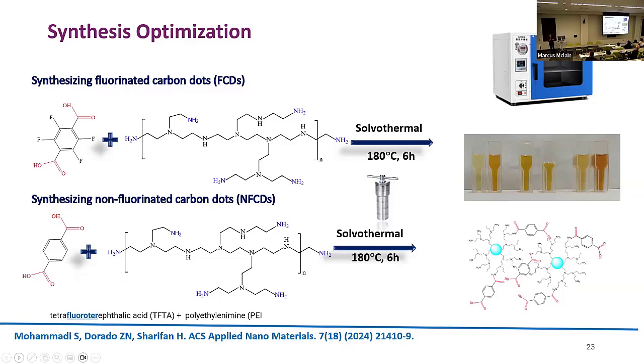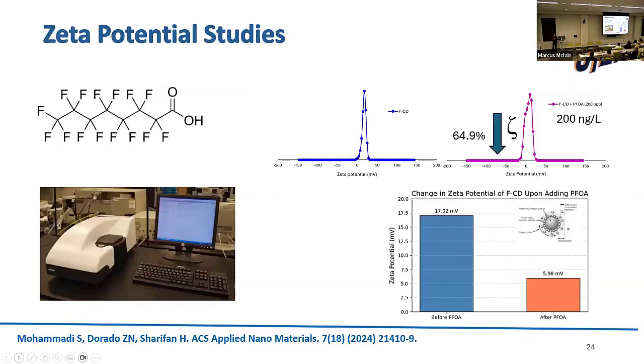And under UV light, these carbon dots show a blue color. And to prove this electrostatic interaction, we measured the zeta potential to see the surface charge of the carbon dots, and it was 17 millivolts. And after adding PFOA, as we expected, the zeta potential decreased to around 6 millivolts.